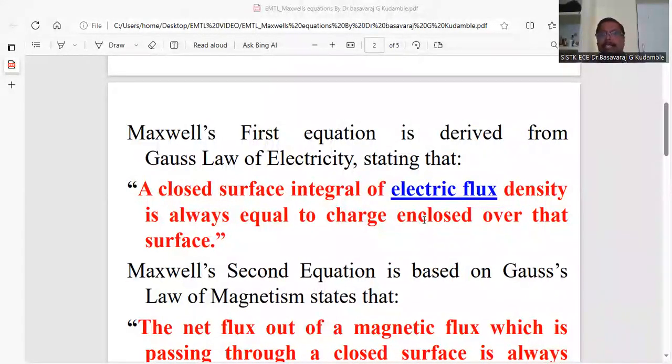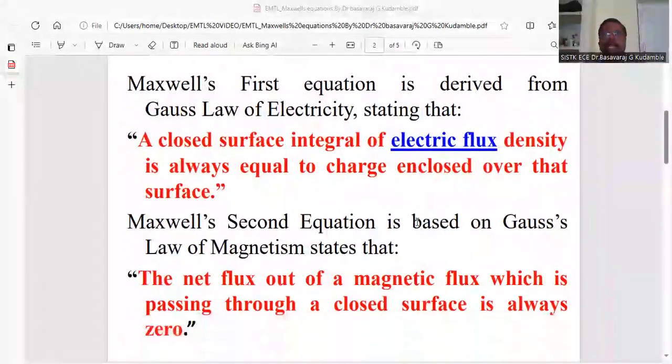Gauss law says that the closed surface integral of electric flux density is always equal to the charge enclosed by that surface. It means that for any shape of closed surface containing charge particles, the total electric flux coming out of that closed surface is equal to the net charge enclosed in it. That is Gauss law, and we call it Maxwell's first equation.